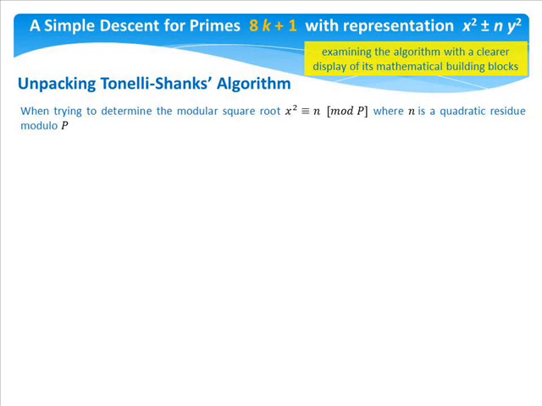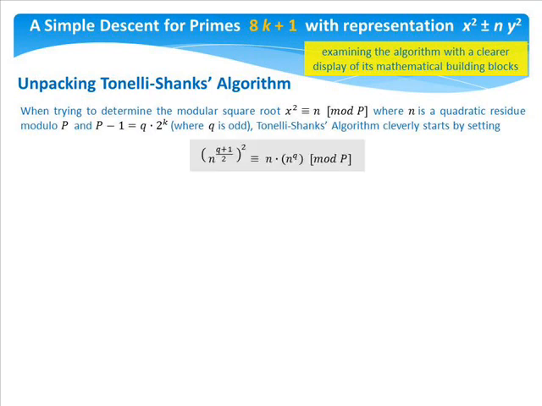When trying to determine the modular square root, x squared congruent to n modulo p, where n is a quadratic residue and p minus 1 equals q times 2^k, where q is odd, the Tonelli-Shanks algorithm cleverly starts by setting the square of n^((q+1)/2) congruent to n times n^q modulo p, plus finding a quadratic non-residue z modulo p, whose order z^q is 2^k.